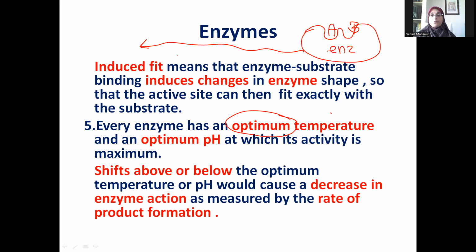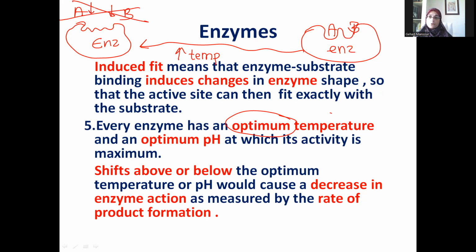For example, if the temperature increases too much, then the shape of the active sites would be like this. The enzyme molecule would have changed its shape, and now molecules A and B would no more be able to fit with the enzyme. So every enzyme has an optimum temperature at which its activity is the best.